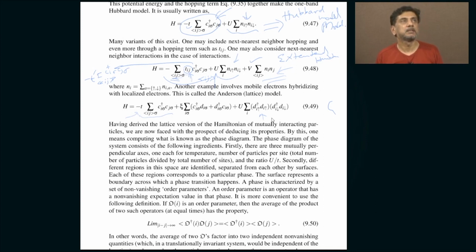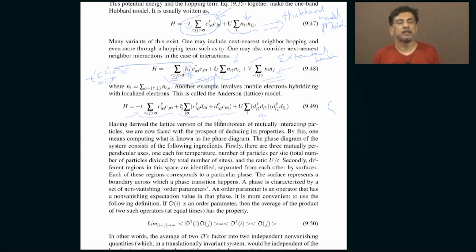Hybridization basically means it trades places with this localized electron. So the mobile electron can dislodge a localized electron and make it itinerant, or it can itself become localized.